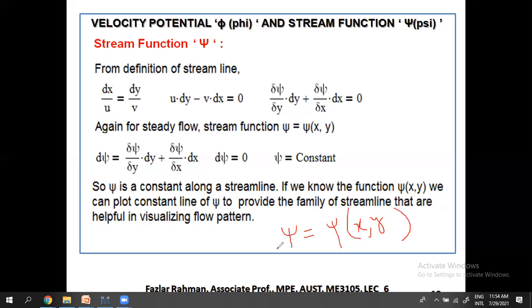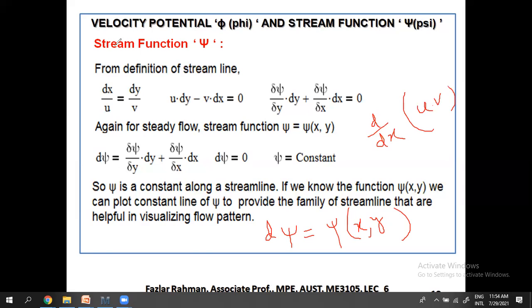Now I would like to differentiate this function. If I differentiate both sides, the left side will be d psi, right?